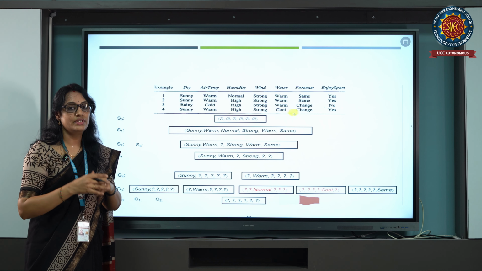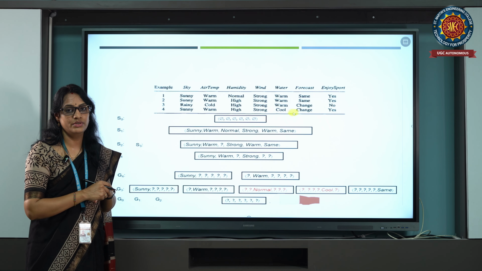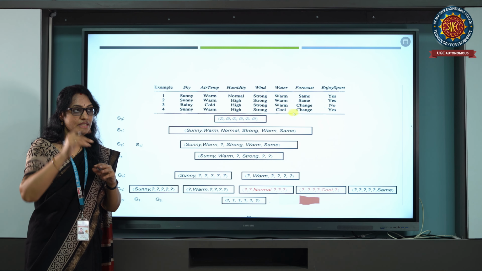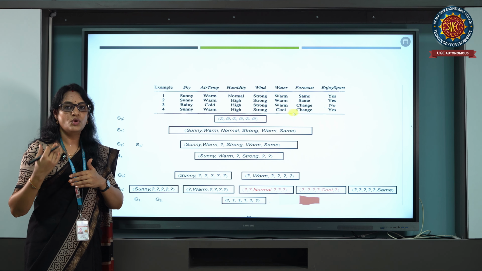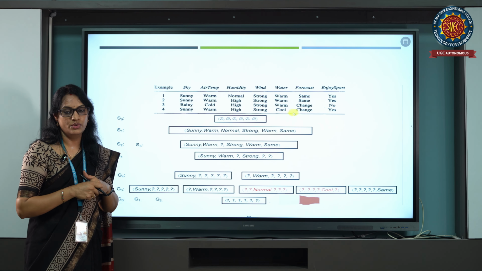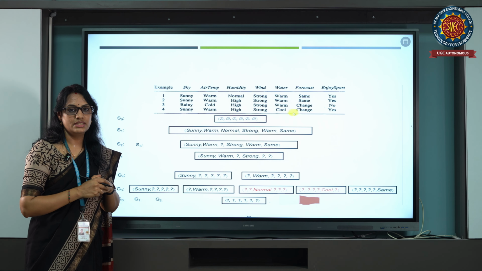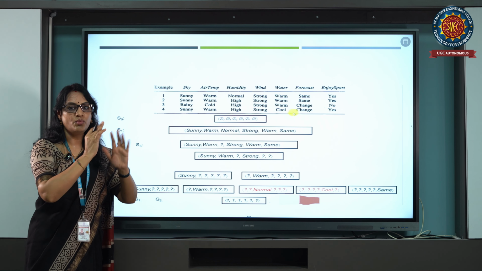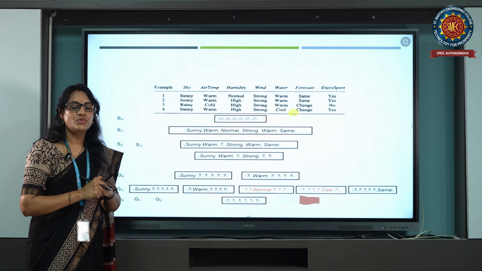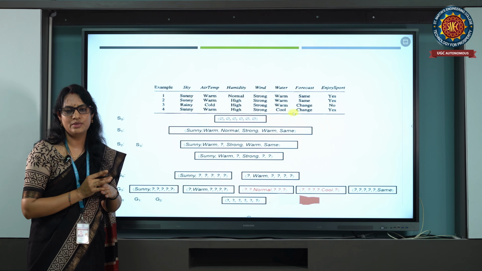Okay, so coming to the candidate elimination algorithm, first we have to initialize the most specific hypothesis and the most general hypothesis. First, if it is a positive example, then you have to go to the most general hypothesis and check whether it is consistent or not. If it is consistent, no need to change or replace anything. Then go to the most specific hypothesis. In the most specific hypothesis, if it is not consistent, just change the values of the hypothesis.